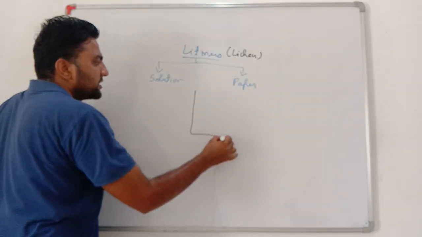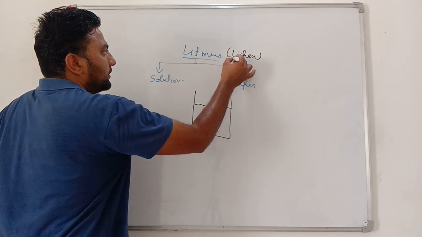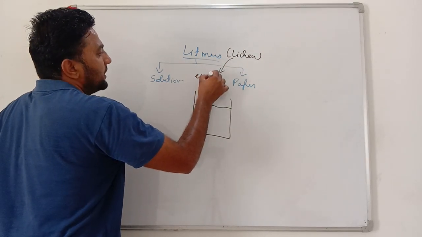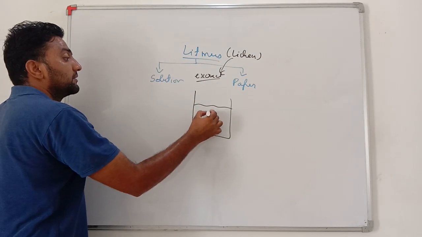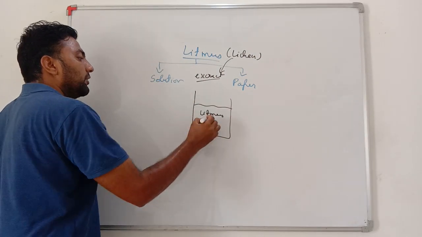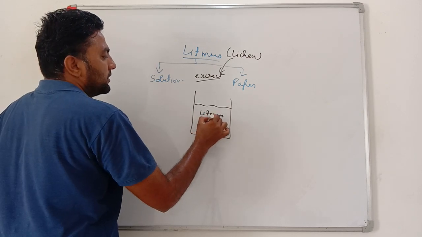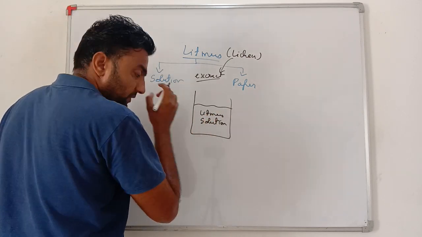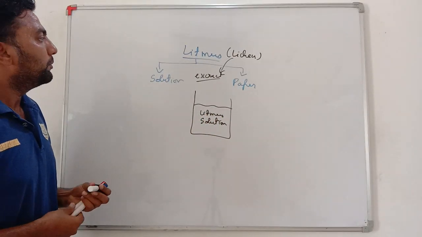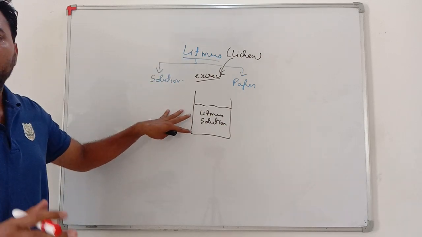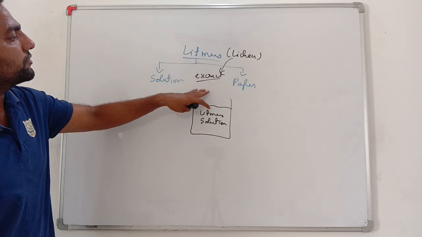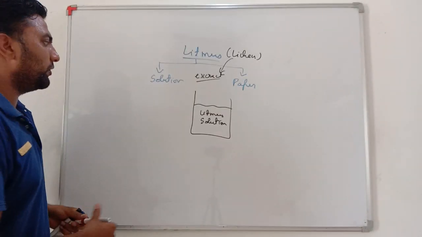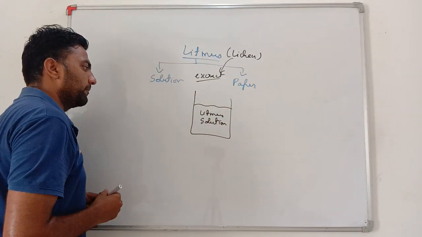The extract of lichen is known as litmus, and this liquid solution is known as litmus solution. But as litmus solution cannot be carried to every place, for more simplicity, litmus is also converted into paper. So first of all, we will see litmus solution.